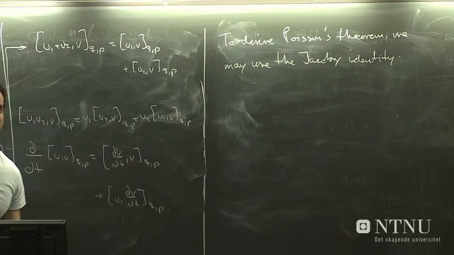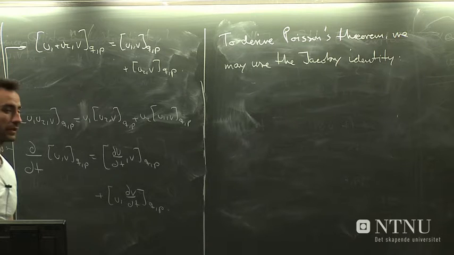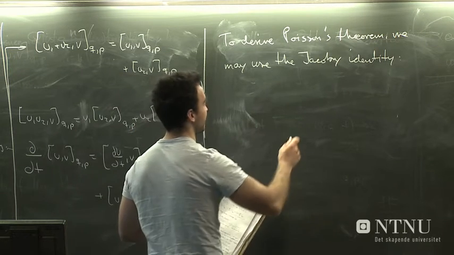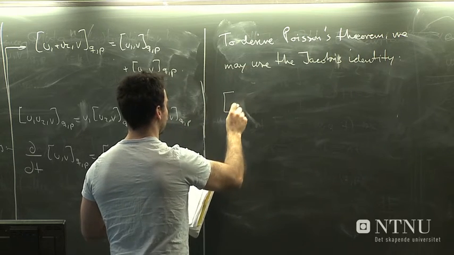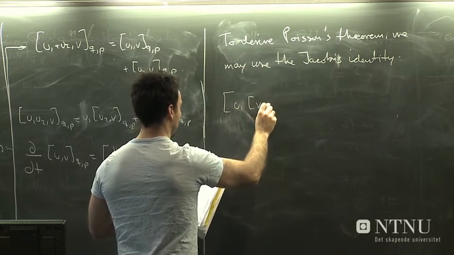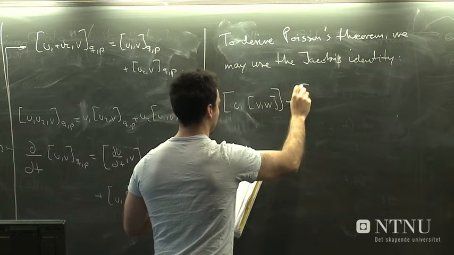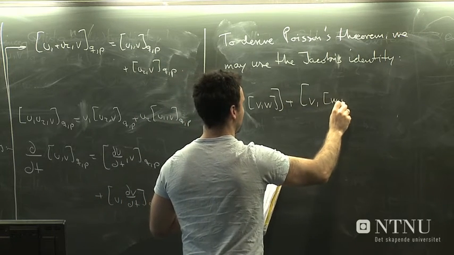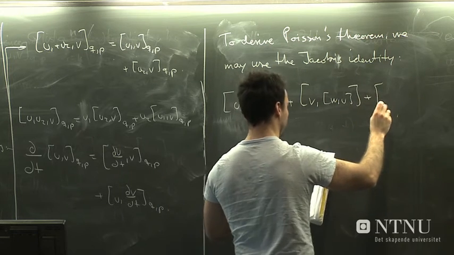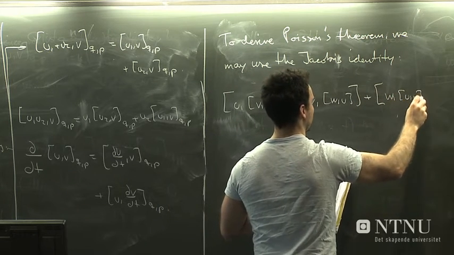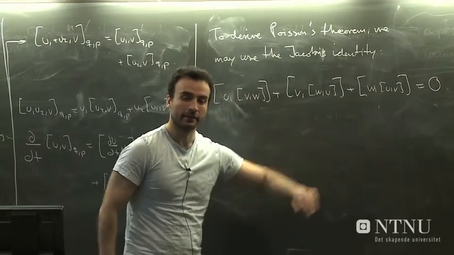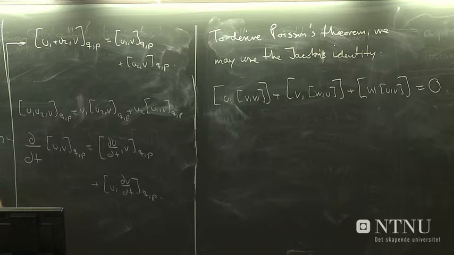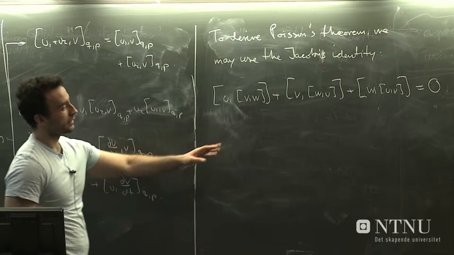The result that I just stated is known as Poisson's theorem. And in order to derive it, we may use so-called Jacobi's identity. Sorry. Stating that the following three Poisson brackets, where I have now just dropped the subscript QP for convenience, should be 0.